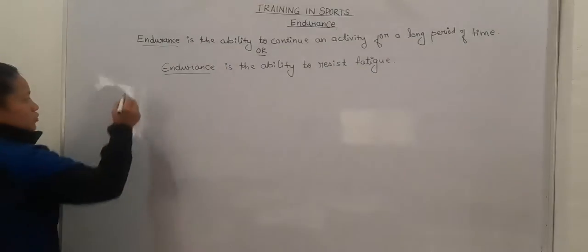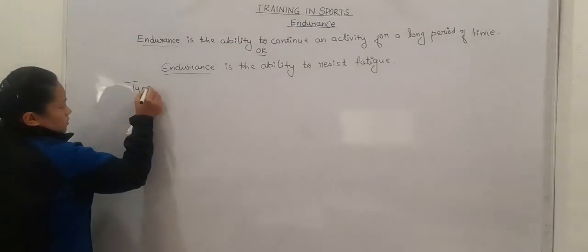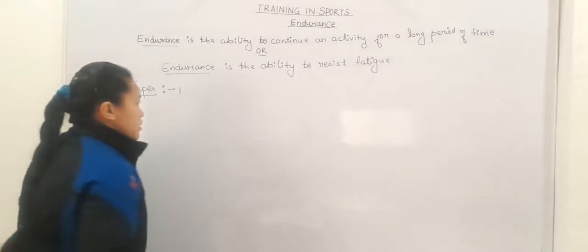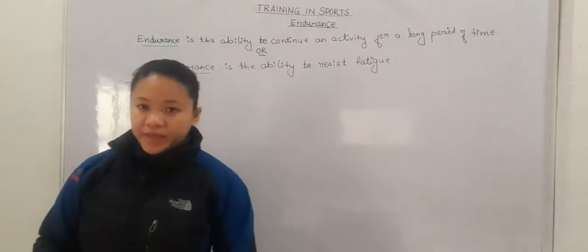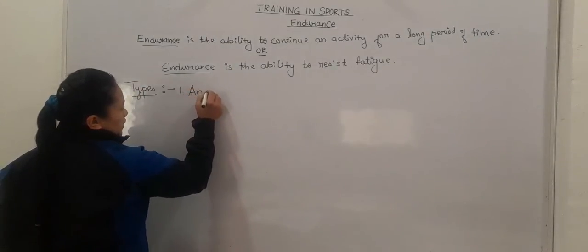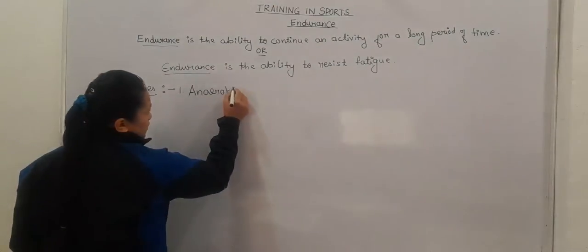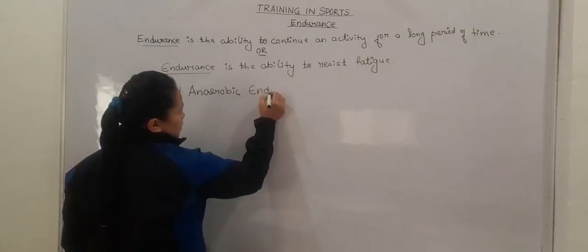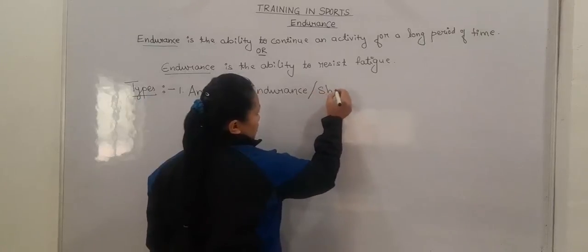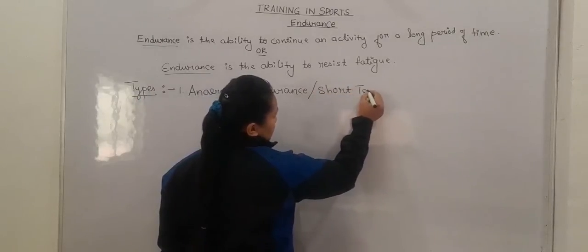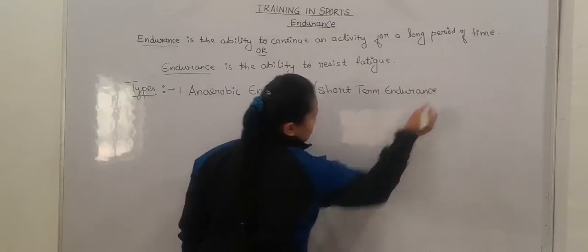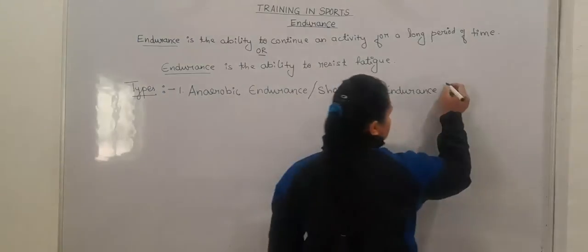Endurance is of two types. Short-term endurance, or we can say anaerobic endurance, or muscular endurance.